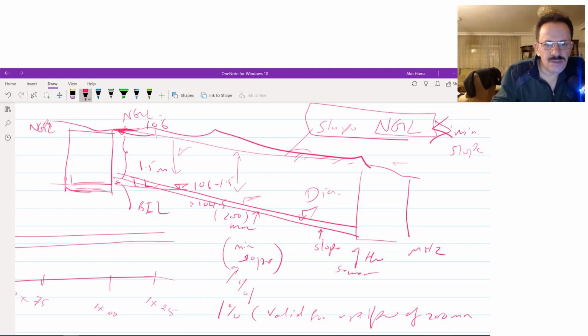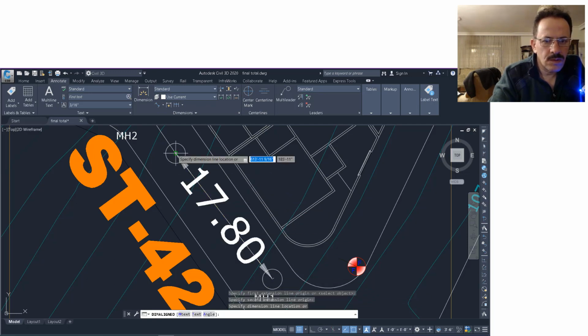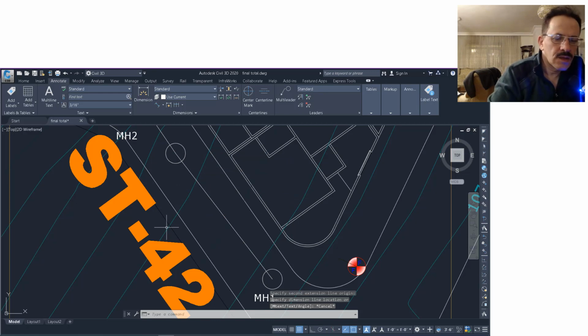Now based on this, I have the distance from this pipe to this one. The distance between manhole number 1 and manhole number 2 was 17.8.